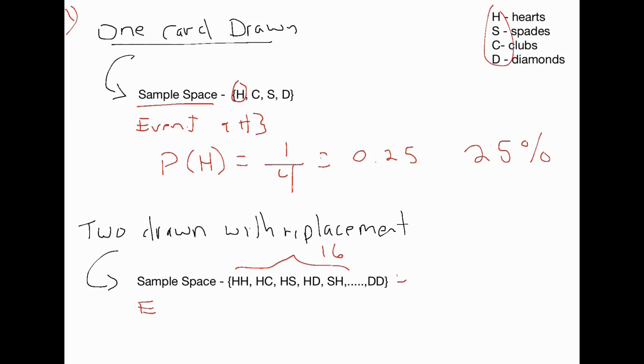In this case, my event is that I want to consider the likelihood of pulling hearts twice. So once again, I just have a single outcome in my event space, and that's the event that I pull hearts twice. And so the probability of me pulling a double heart in this case is just 1 out of 16.